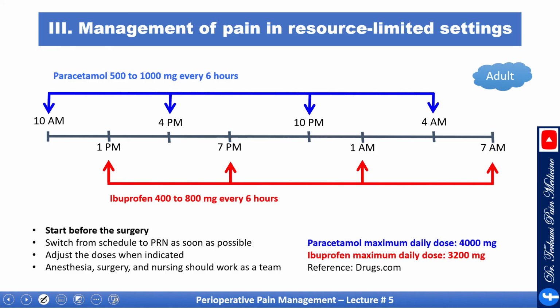Just keep in mind alternating the doses. If you remember the duration of serum therapeutic level from the slide early on, this will give you a serum therapeutic level across the 24 hours, either from ibuprofen or acetaminophen.